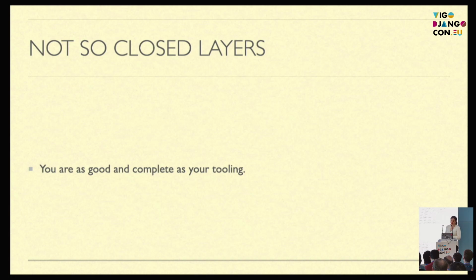So you're as good and as complete as your tooling, it's safe to say. An improvement we want to implement is having real closed layers instead of open layers, and all over closed layers.